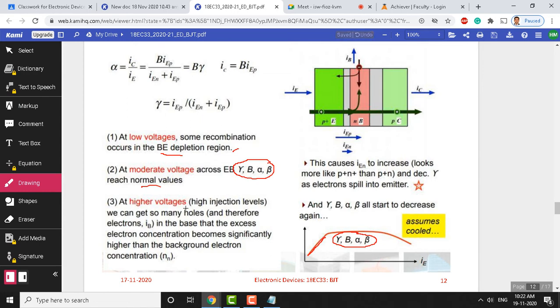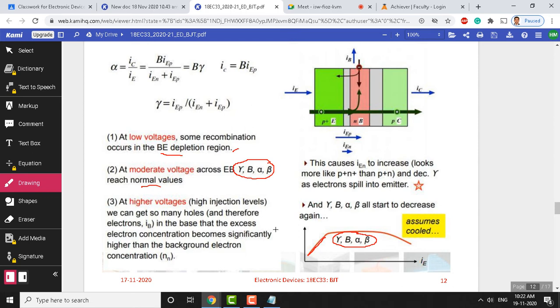But at higher voltages, when there are higher injection levels from the emitter side, so many holes are injected from the emitter to the base that it leads to excess electron concentration in the base region.